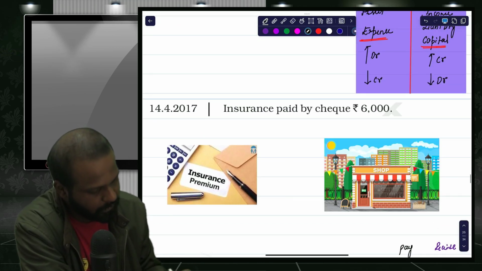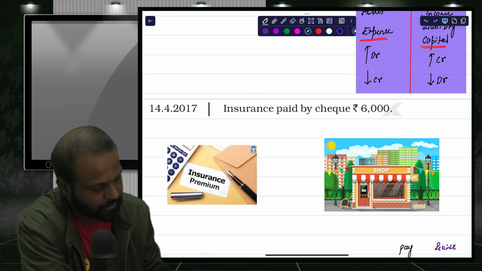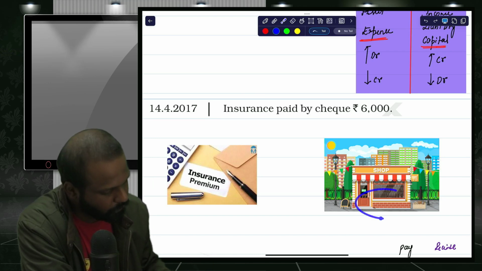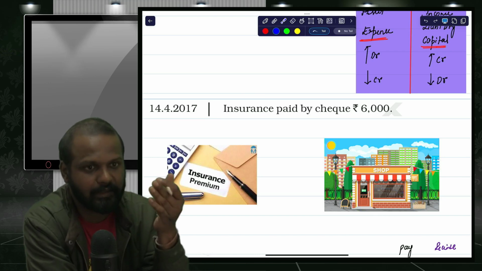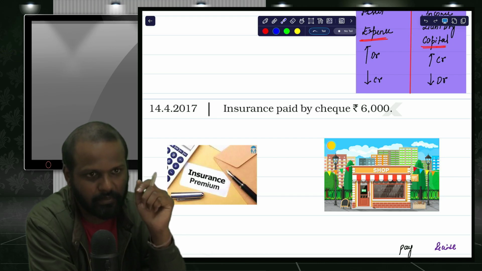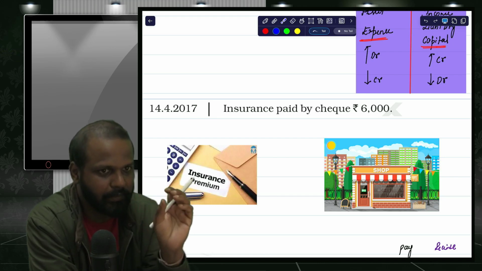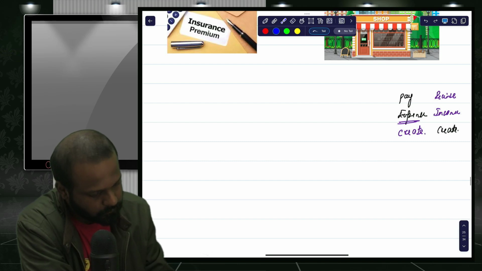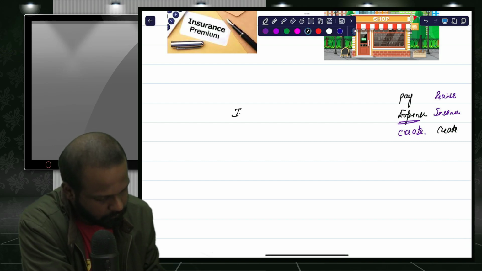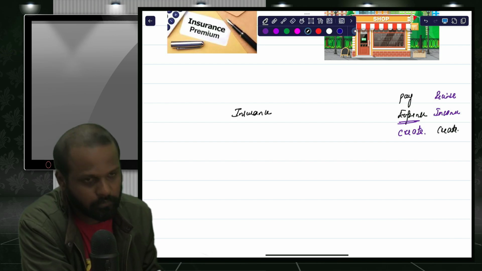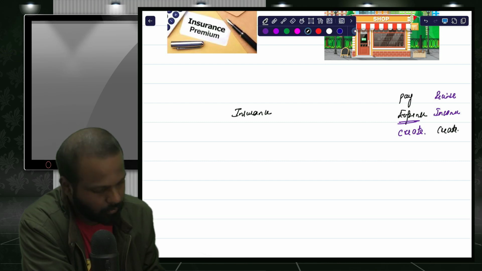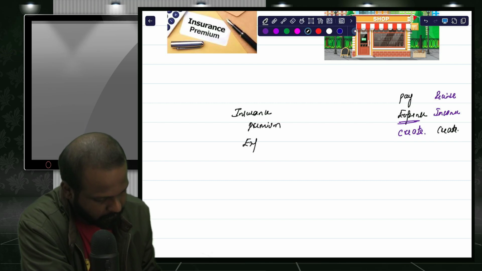So see here what happened. Expense is being paid by check. Insurance premium paid by check. So think from business point of view. You're paying the expense. Insurance premium is an expense. So first you create an expense account called insurance premium. It's an expense.